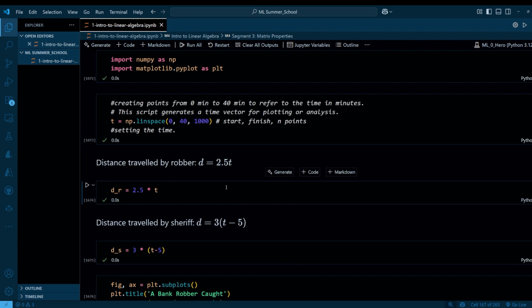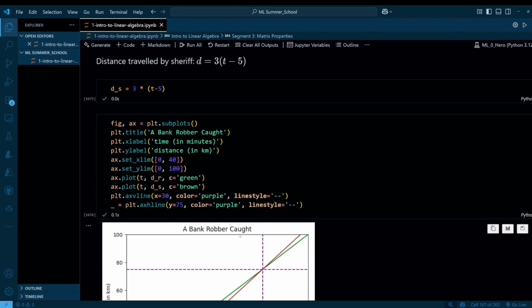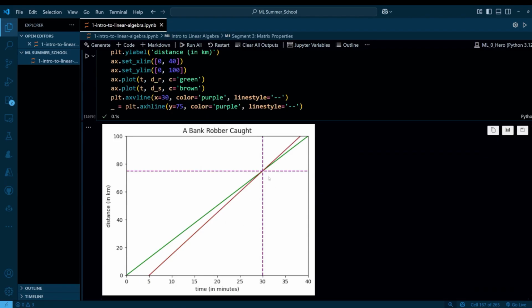For the plot they took this equation, but we had a different equation, right? This is basically the equation for the thief and the police. We had d equals 3t and maybe d equals 12.5 plus 2.5t, something like that. But here it's different, because it depends. I did show you why it's different. That's not a big issue. And yes, this is how we can plot this out. We'll see.